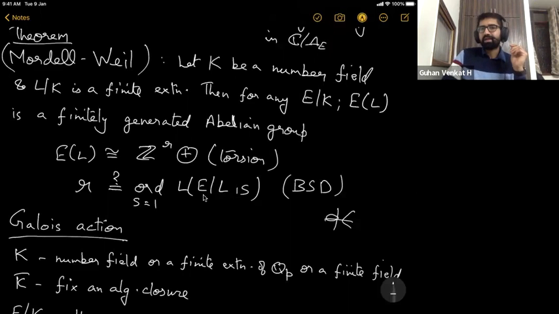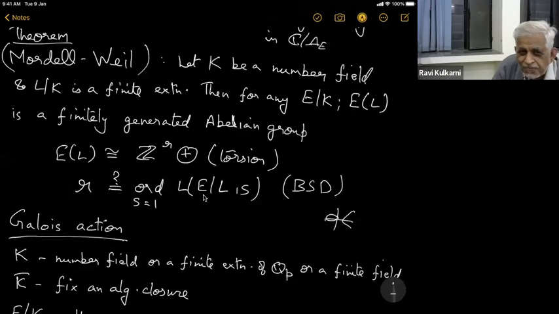That is the question. And so if r is at least 2, then the K rational points form a dense subset.